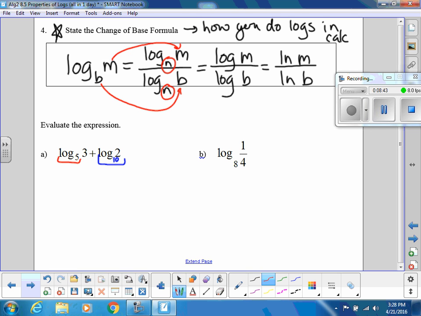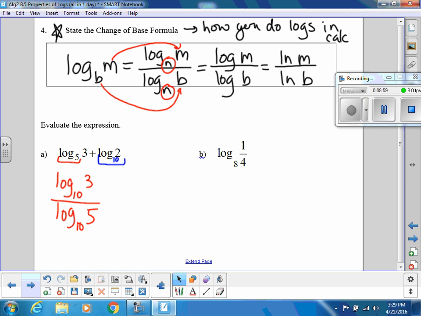But for the log base 5 of 3, I can use change of base and say, okay, I'm going to do log, I'll actually write the 10 this time, log base 10 of 3 over log base 10 of 5. That's that change of base formula. And then over here, I can do log base 10 of 2.